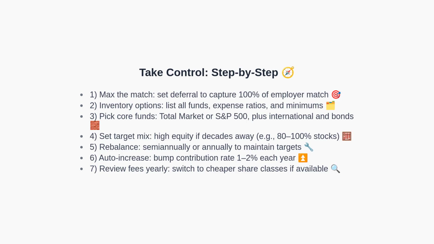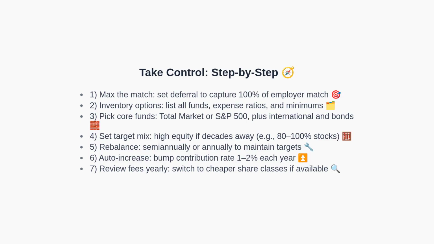If you are decades away from retirement and can tolerate volatility, a high equity mix, often 80 to 100% stocks, can maximize growth potential. Fifth, rebalance on a set schedule, such as once or twice a year. Sixth, use automatic contribution increases to raise your savings rate annually. Seventh, review fees yearly and move to cheaper share classes when available.